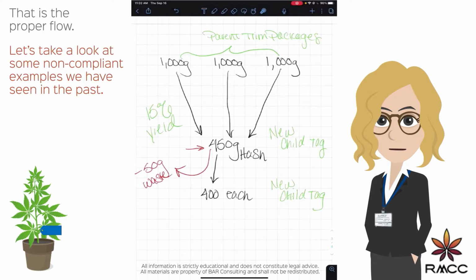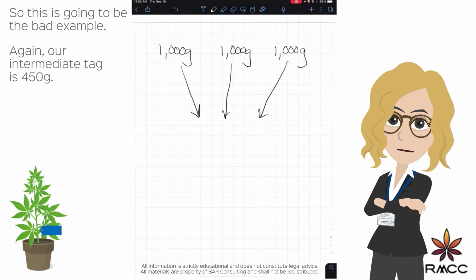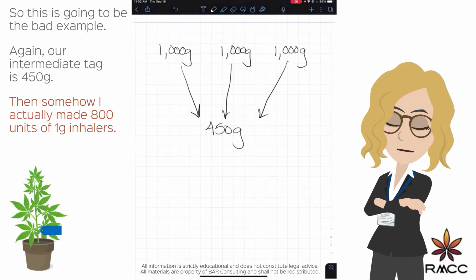Let's look at some examples that I have seen in many audits that have happened in the past. So this is going to be the bad example. Again, our intermediate tag is 450 grams. And then somehow I actually made 800 units of 1 gram inhalers.